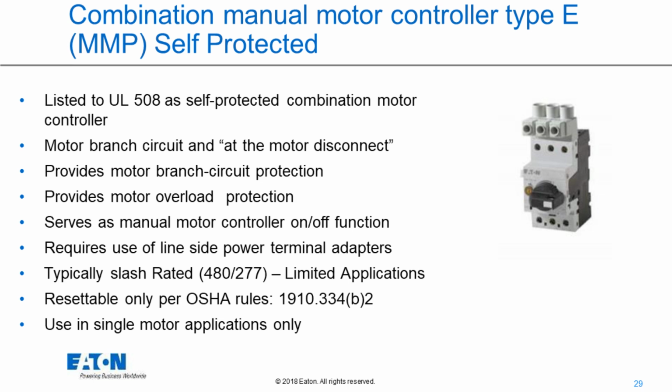The next device here is the combination manual motor controller type E, manual motor protector, self-protected. It's listed to UL 508 as a self-protected combination motor controller. Motor branch circuit and at the motor disconnect function, provides branch circuit protection, provides motor overload protection, serves as a manual motor controller on-off function, requires use of line-side power terminal adapters to meet the spacing requirements for UL 508.